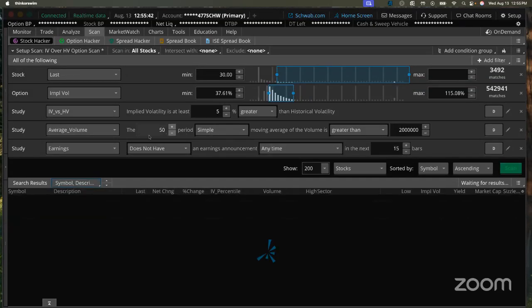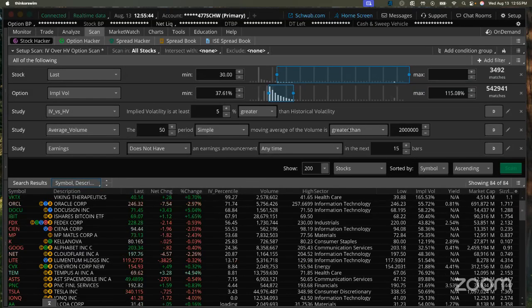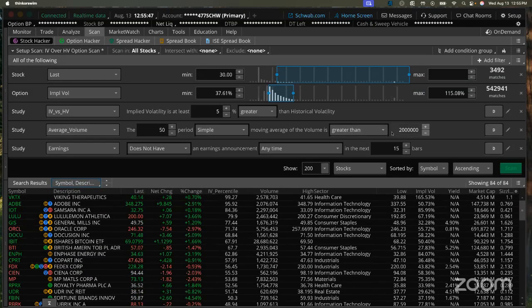I can see here the average volume is over 2 million. It's a different set of scan that I set up on this one, but I'll leave it here right now because we're going to go through these numbers. It doesn't have any earnings in the next 15 days. This scan always resets to 15, so I'd probably go back and take this to 25.